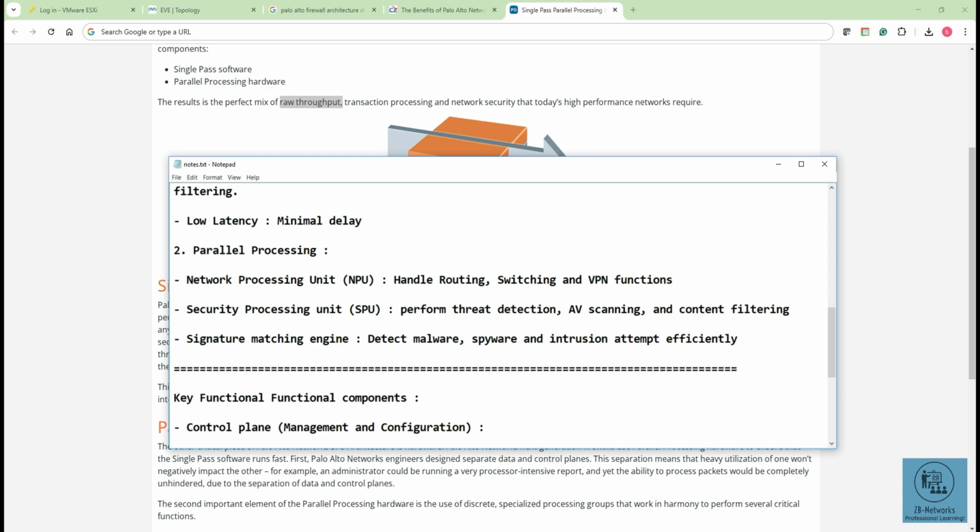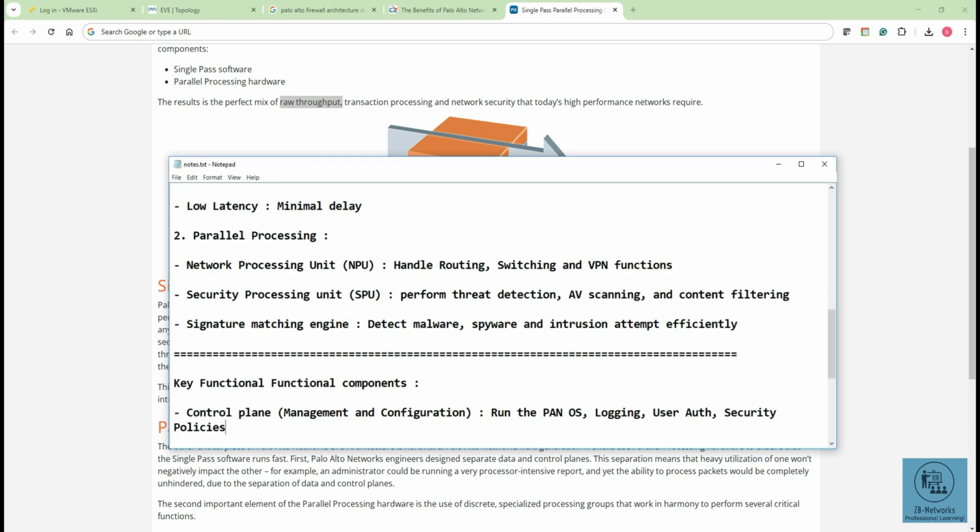It will run the firewall's operating system, the PAN OS. It manages logging, user authentication, and the security policies that the administrator is configuring.